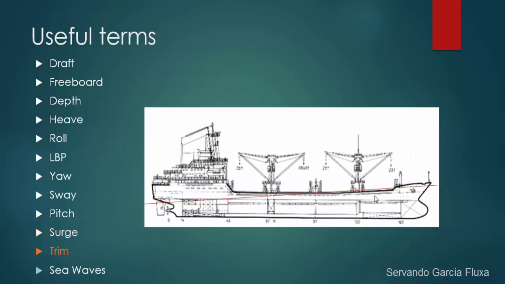The trim is the difference between the depth of the bow and of the aft. That's the trim. And how can this happen? Maybe because the vessel is more loaded on its back side, so that's a trim.